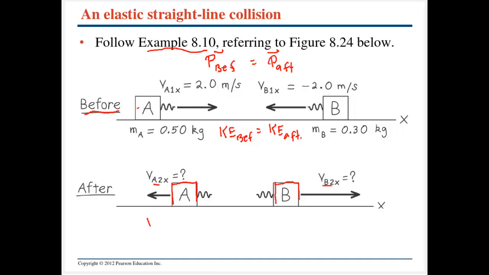But it turns out in general that we can write the velocity v2x minus va2x to be equal to the negative of v1x minus va1x for the case of elastic collisions only.